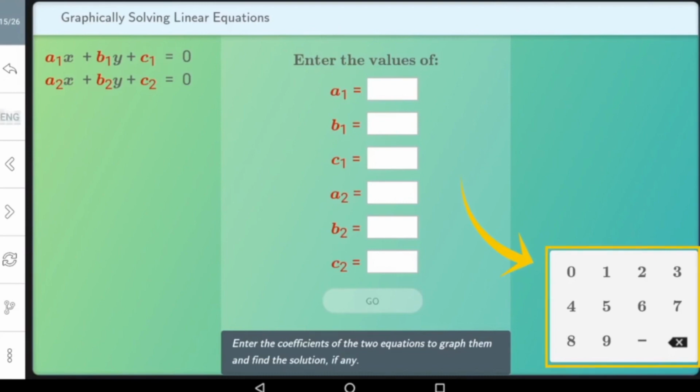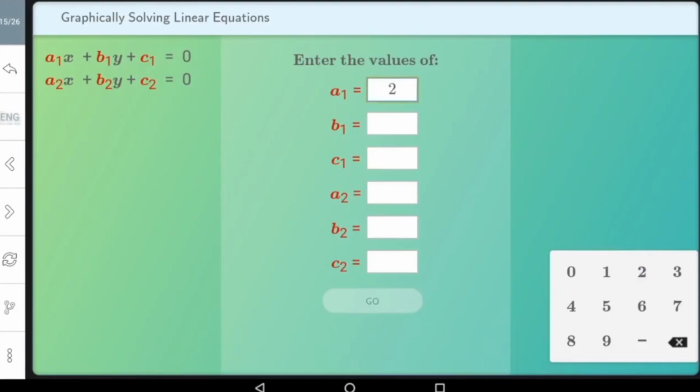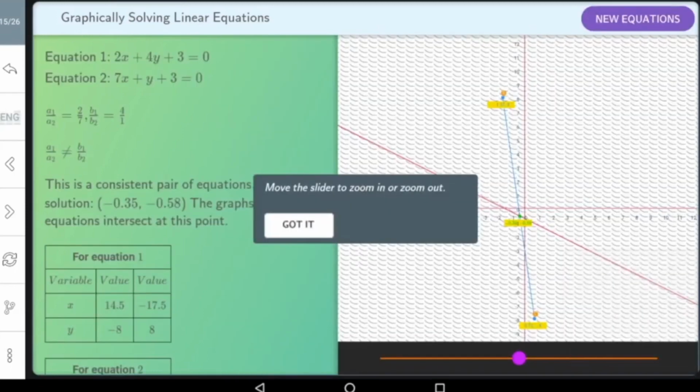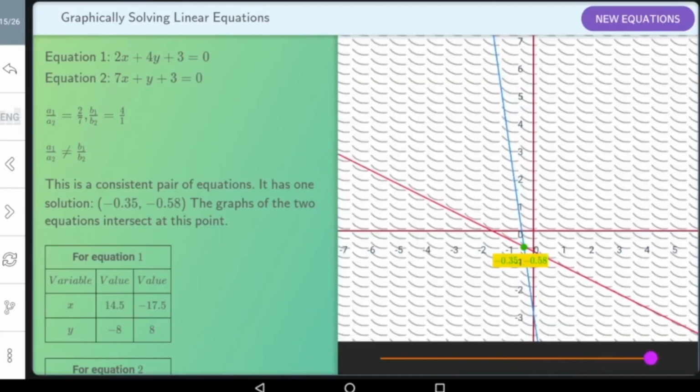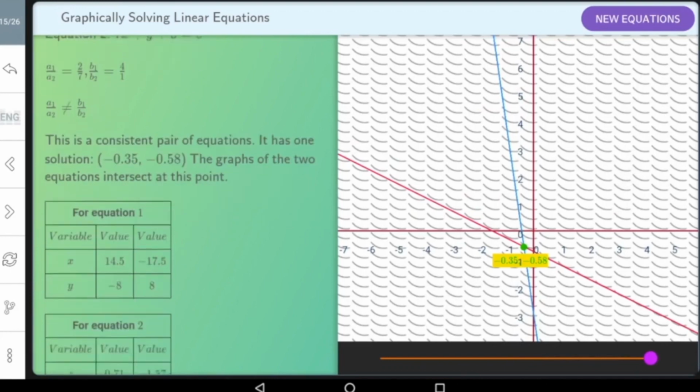In this case, students have access to a calculator that allows them to solve linear equations graphically. So when I zoom in, I can see where two lines intersect. And on one side, I can see how I would solve this step by step.